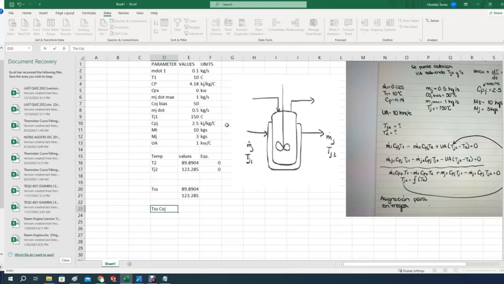The answer is so simple that you will realize nothing will happen, because if there's no flow through the jacket, this guy here doesn't exist, so this cancels out, this cancels out. The only thing that will happen is that TJ2 is going to be T2. Since these two are equal, this is 0, meaning T2 is going to be equal to T1. That's a no-brainer.